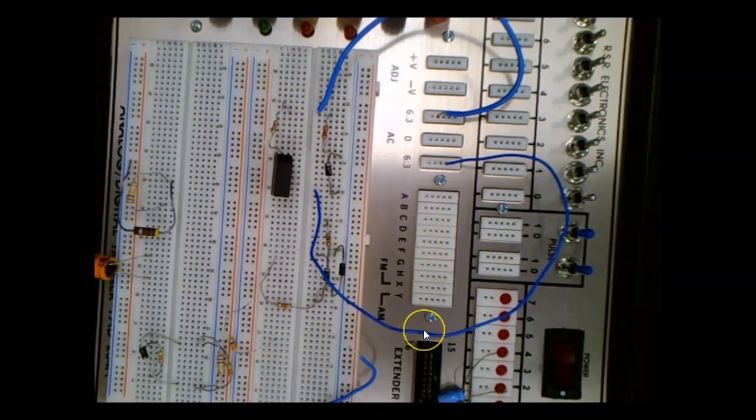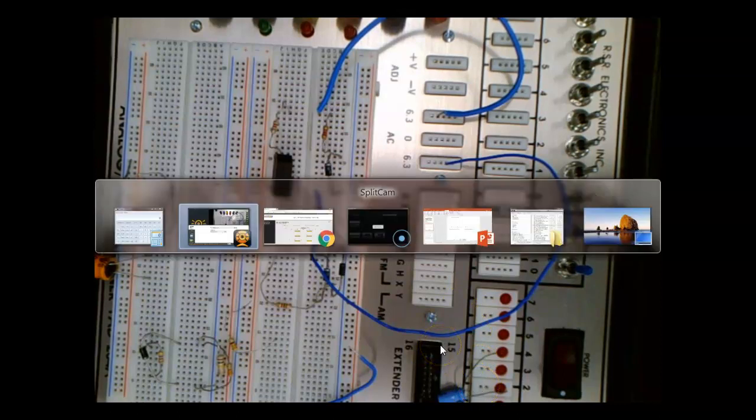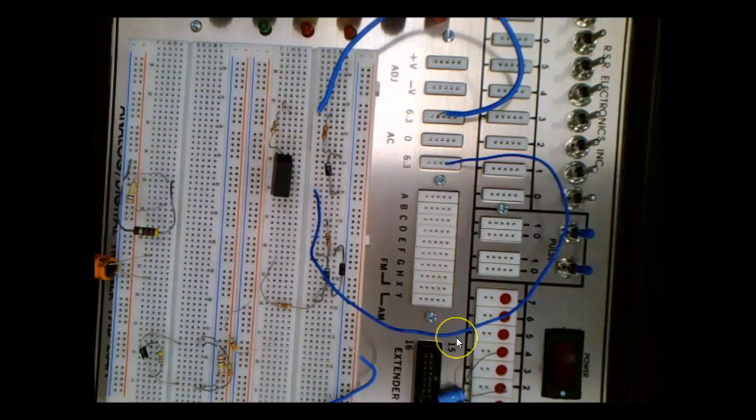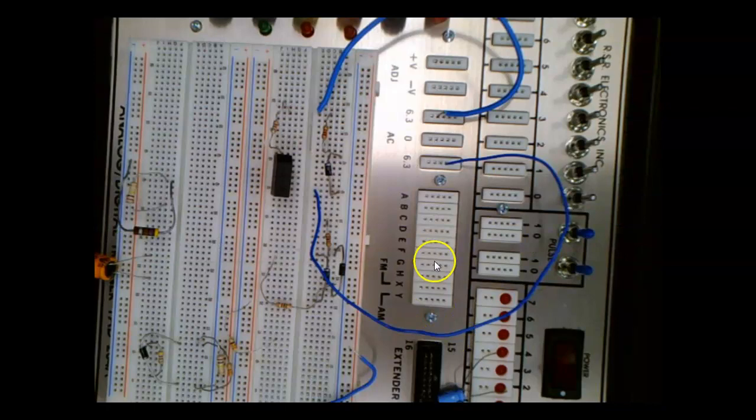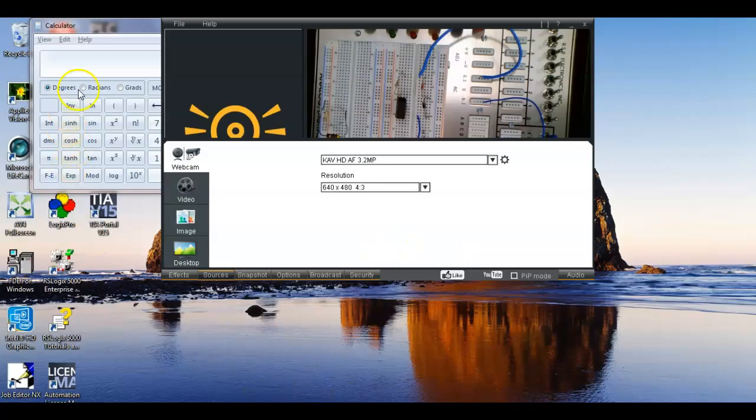No, the V peak out is after you subtract the 0.7. It's not going to be V peak out minus 0.7, it's going to be V peak secondary minus 0.7. Look, here's my calculator.